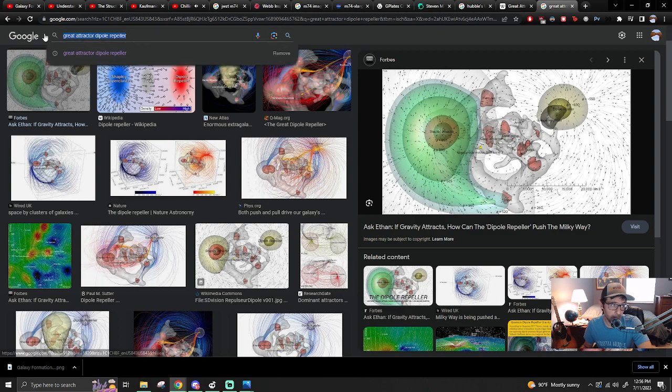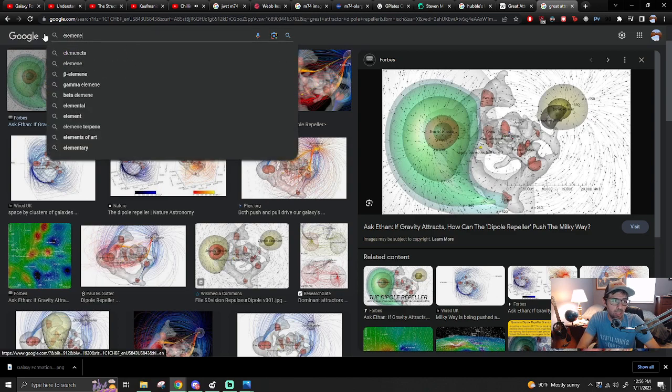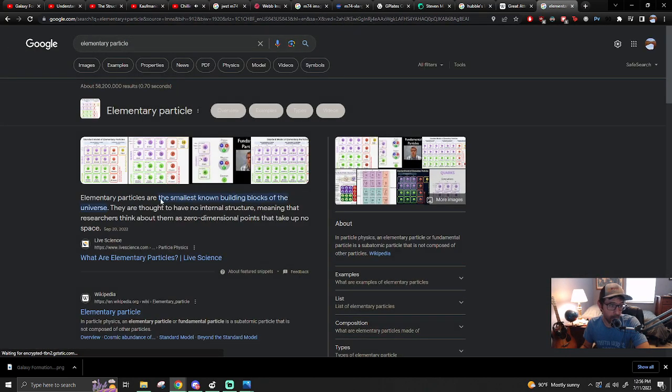So the idea of an elementary particle is a hypothesis in and of itself. It says elementary particles are thought to have no internal structure. Okay, so now we're saying are.